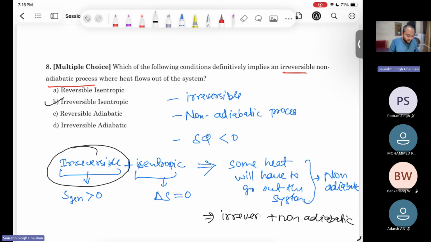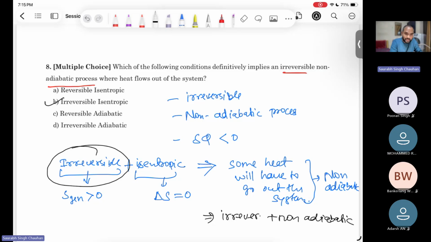So one point I would like to highlight here is that an isentropic process simply means the entropy change of the system is 0. But isentropic processes can also be irreversible. There can be some processes which are irreversible, and because of that irreversibility, some amount of entropy will be generated.